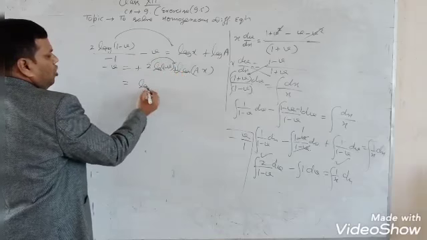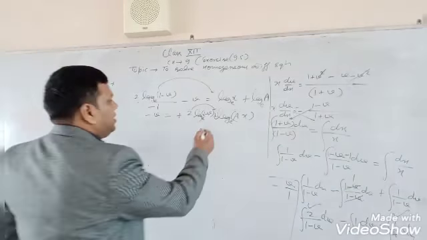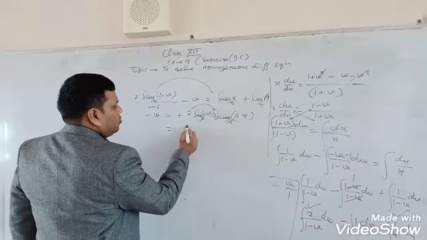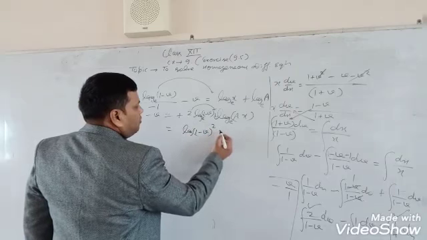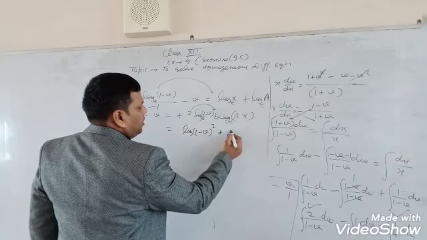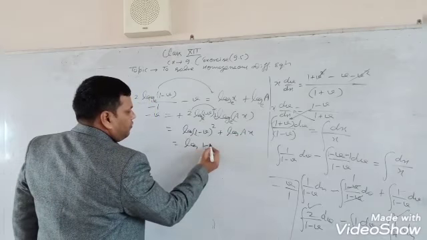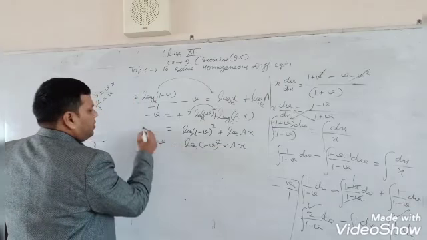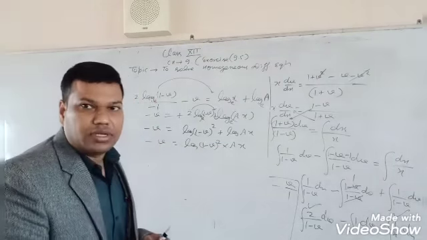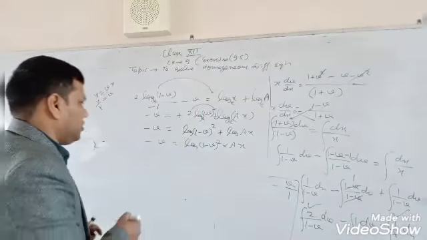So it will be log (1 minus v) whole square, and now we can take that 2 there, log (1 minus v) to the power 2 plus log ax. You can take that log (1 minus v) squared into ax. Now we can put the values, right?